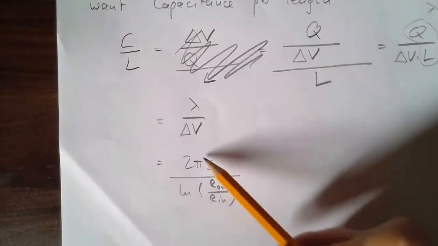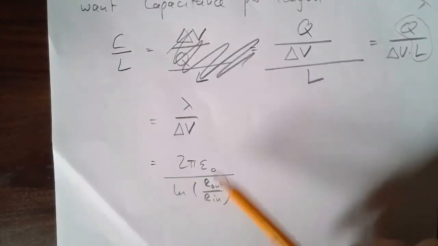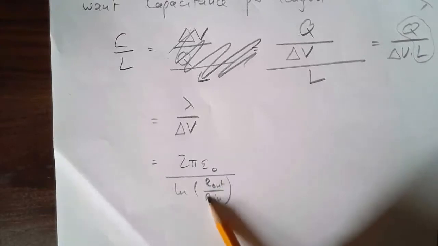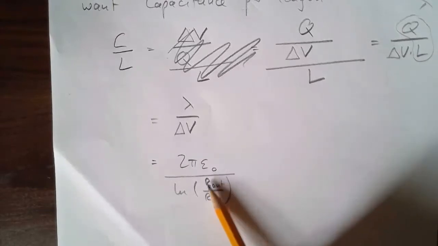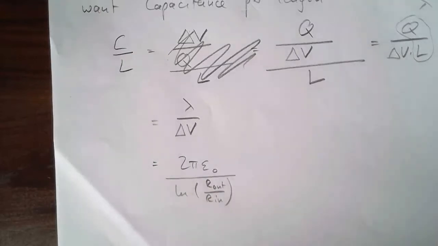Notice again, this quantity does not depend on anything other than the geometry, right? The two radii, the outer radius, the inner radius. It doesn't depend on the charge you put on it. I double the charge, double the potential difference, hence no change in charge per potential difference.